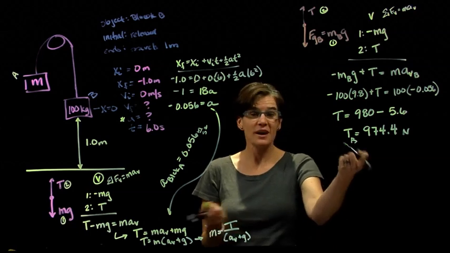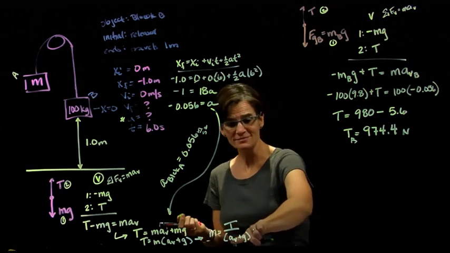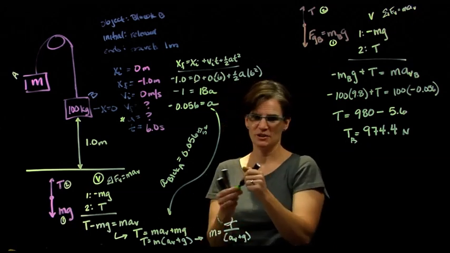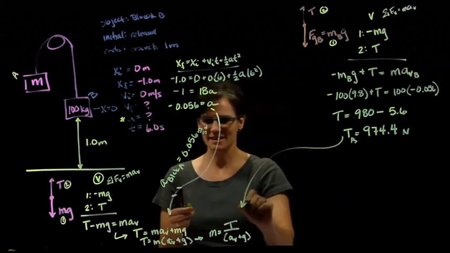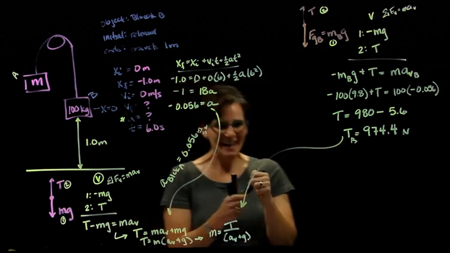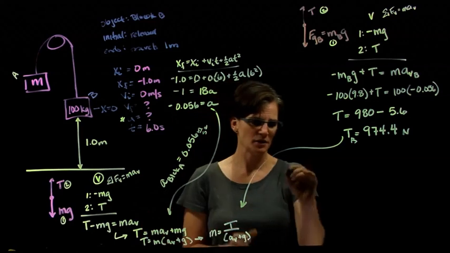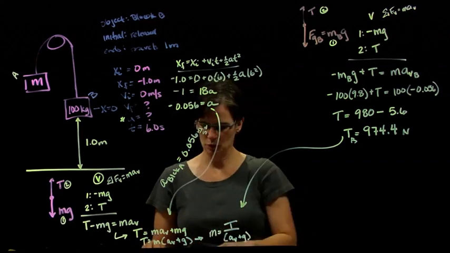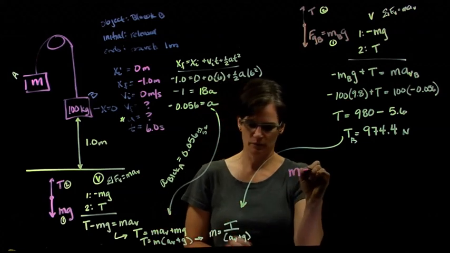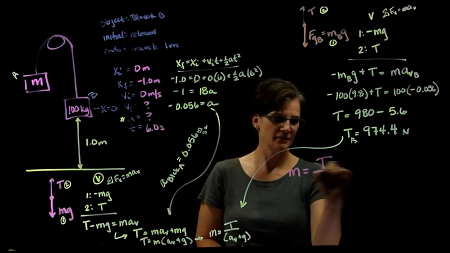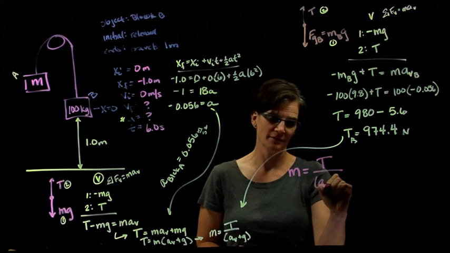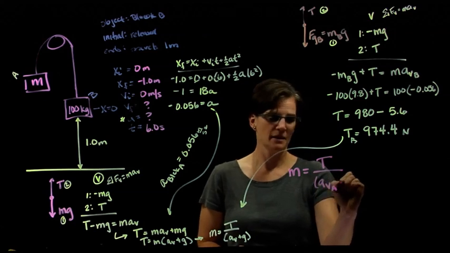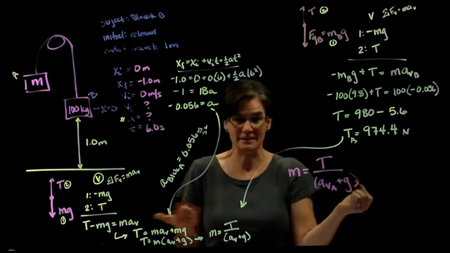All right, so now I have the tension force in B, which is what I needed to determine my mass. So I can use this and this to get my mass. So I'm just going to rewrite the equation. The mass was equal to the tension divided by the acceleration of block A plus G, 9.8.